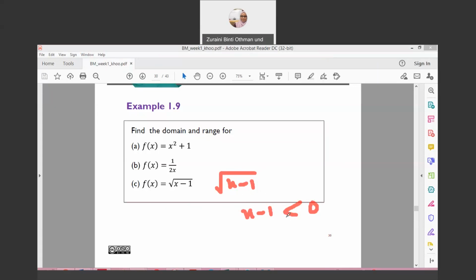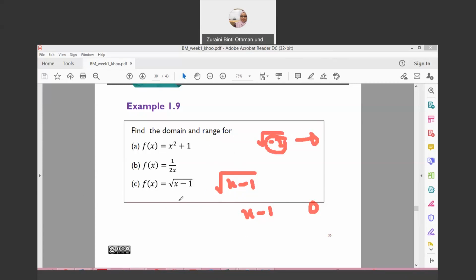Maksudnya x tolak 1 must be always greater than or equal to 0, sebab dia tak boleh negatif. Kalau negatif, cuba tekan kalkulator. Contohnya negatif 2, square root of negative 2. Can you find this answer? It's undefined, right? Math error from your calculator. So we know that negative number cannot be calculated inside the square root.